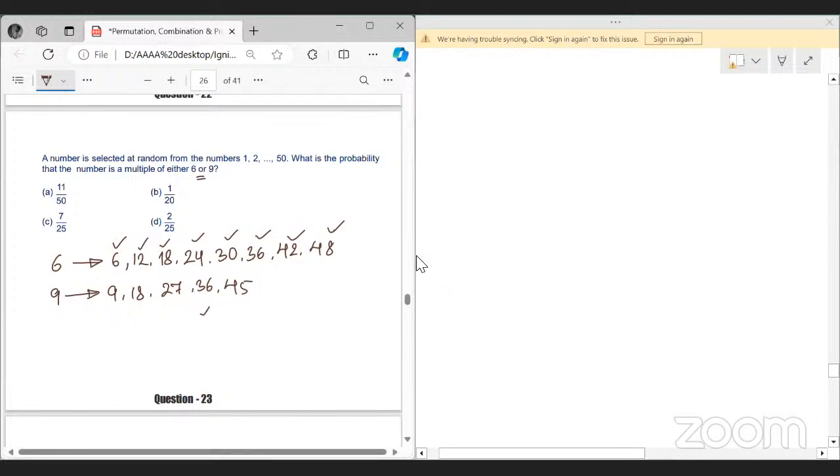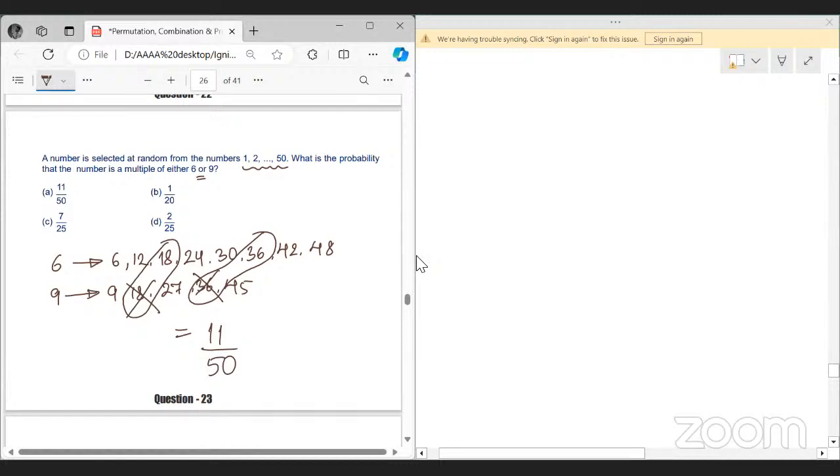But what you have to observe is that 2 numbers are common, there is a duplicacy, which is 18 and 36. So I'll remove the duplicates. So you totally have 11 numbers which are multiples of either 6 or 9, out of how many numbers? 1 till 50. How many numbers are there? 50 numbers.